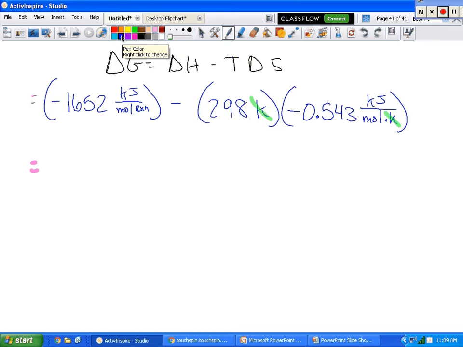Is this going to be a positive number or a negative number just by looking at it? It's going to be a negative number because the delta H is more negative than the T delta S.